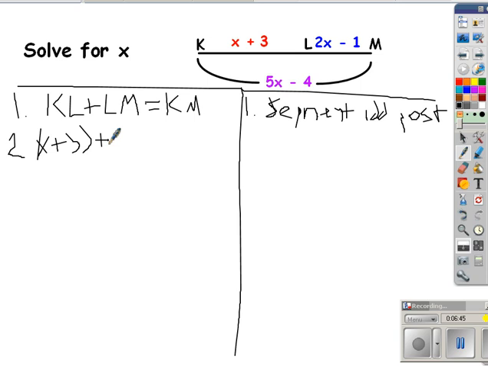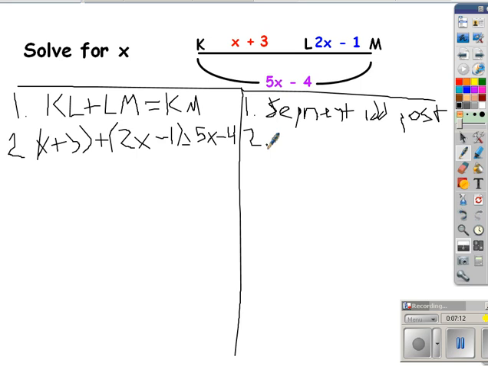LM, that's the same as 2x minus 1, according to my picture. And KM is the same as 5x minus 4. So, x plus 3 plus 2x minus 1 equals 5x minus 4.